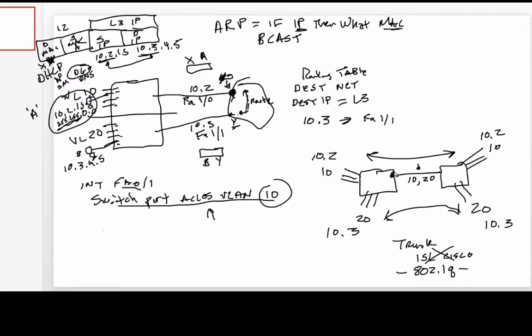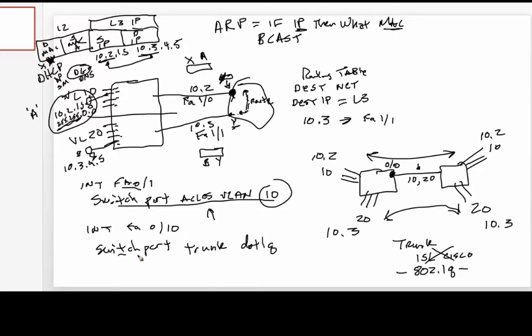So now literally on this port, let's say it's Fast Ethernet 0/10, I'm going to come down here and do interface FastEthernet 0/10, switchport trunk 802.1Q.